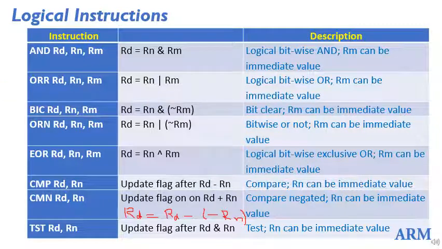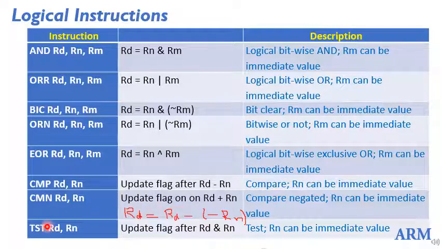That is why it is compare negated. The second operand is negated and then the difference is found, and again the result will not be available, but the flags will be updated according to the result.